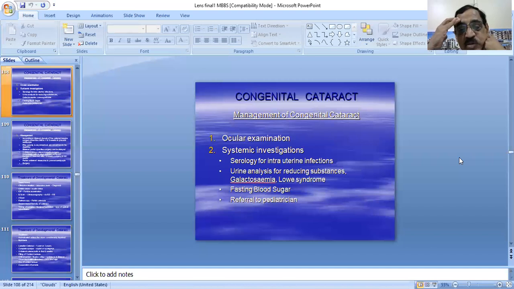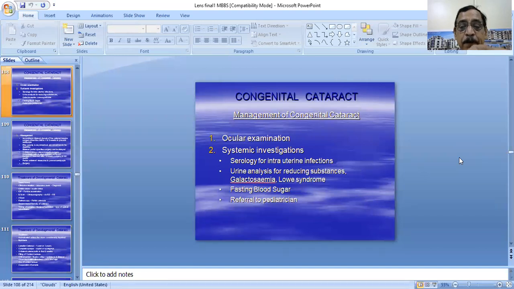All these things may be associated with congenital cataract. And second, whenever you do an ocular examination, you are supposed to make out the morphology of the cataract and also the density of the cataract, so that gives you an impression regarding the vision the patient still has.